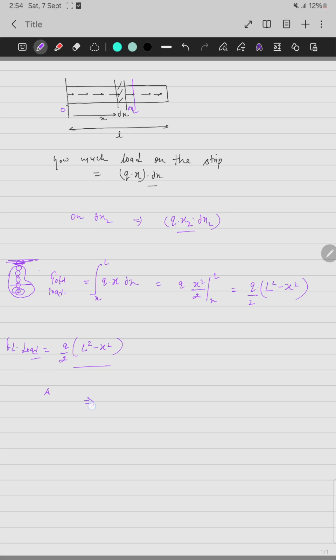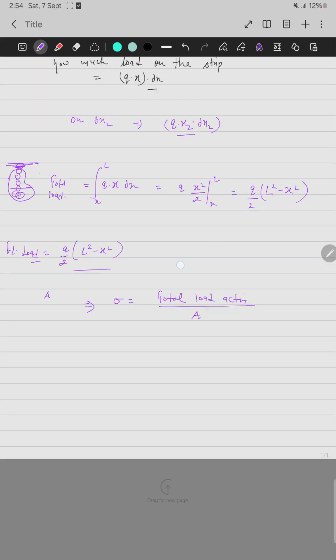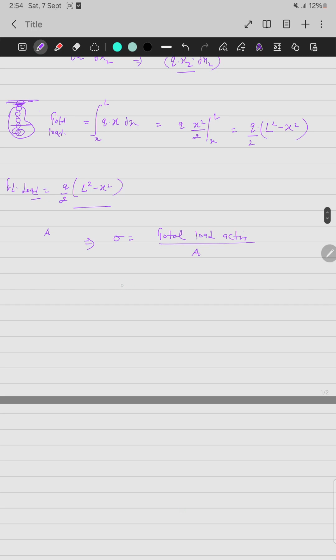The stress here will be the total load acting divided by area. So we will get q by 2 times L square minus x square, divided by A. Okay, this will be our stress value. Got it?